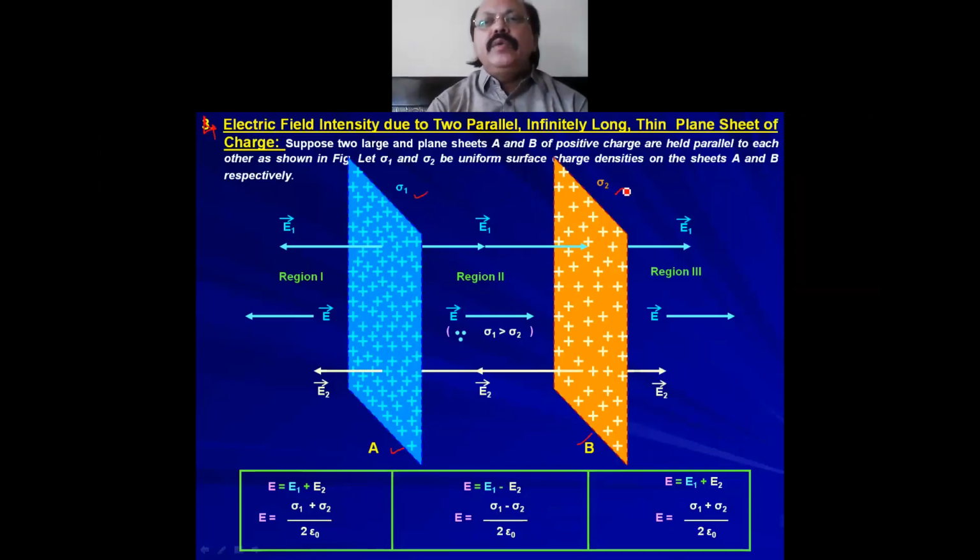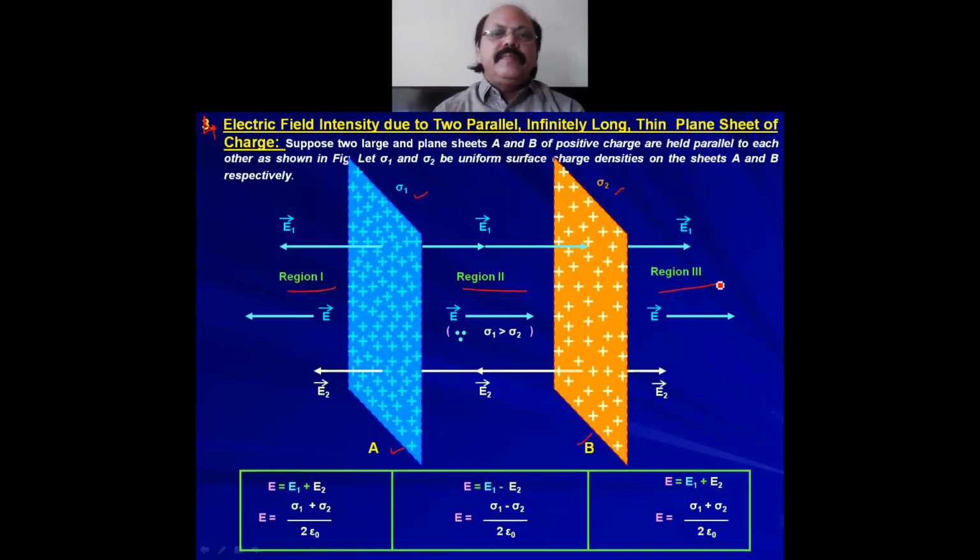Here this sigma 1 is greater than sigma 2. Now we take the three regions, region 1, region 2 and region 3. Here we have to find out the total electric field intensity. That you have already calculated: the electric field intensity due to a single infinitely long thin plane sheet of charge is E equal to sigma upon 2 epsilon naught, right?